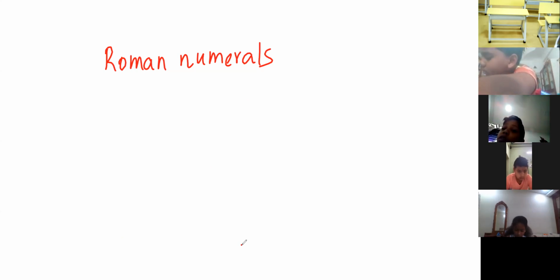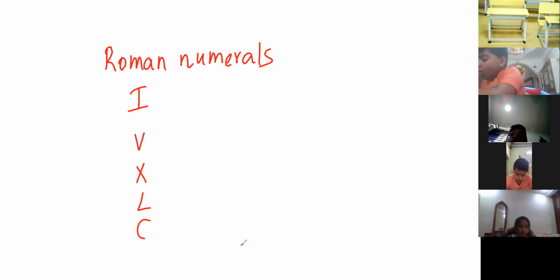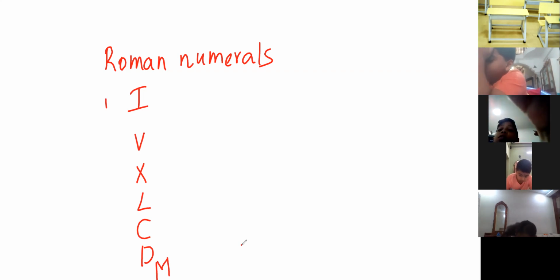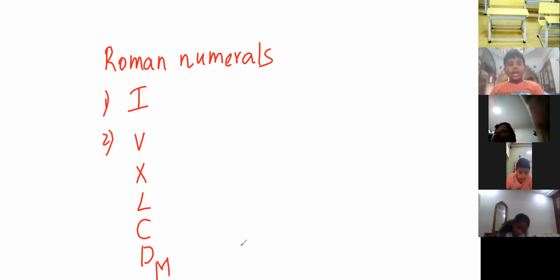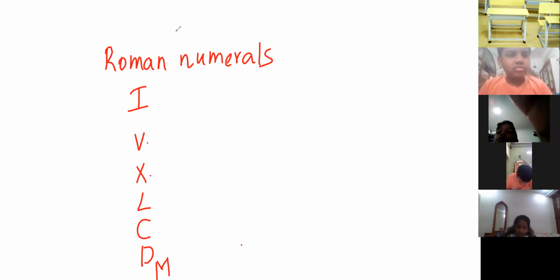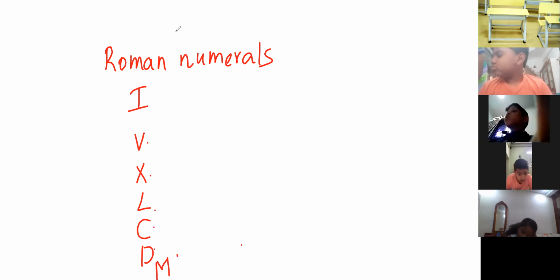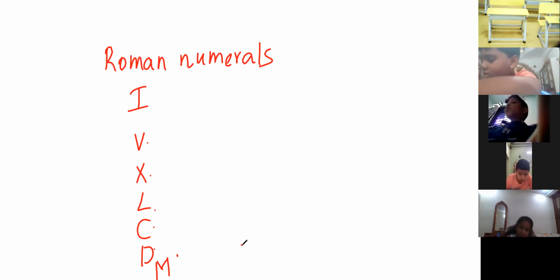In the alphabet, they used some letters and represented the numbers using those letters. What are those? I, V, X, L, C, D, M. How many are there? 1, 2, 3, 4, 5, 6, 7. Seven letters. These are the basic symbols to represent numbers in Roman form.